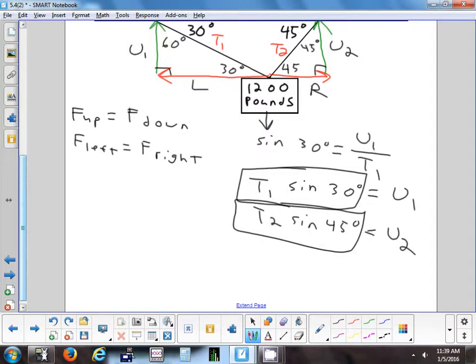Which one do you think we're going to use this time? Cosine. Okay, so I'll set the whole thing up the first time. Cosine is adjacent over hypotenuse. And how do we get T1 on the other side? Multiply. So my force left is T1 cosine 30.